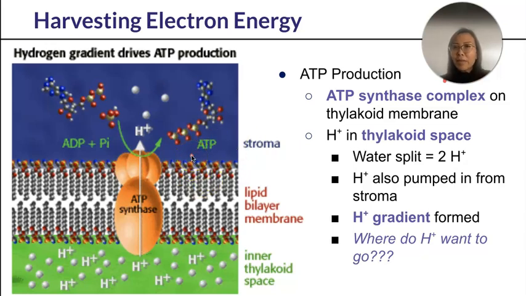Okay, so let's think about this a little bit more. Let's break it down so we're all capturing everything. So ATP synthase complex, where did we find that? We're going to find that on the thylakoid membrane. It's going to be part of this whole electron transport chain, which includes photosystem 1 and photosystem 2. And these photosystems are the thing that contains the pigment.